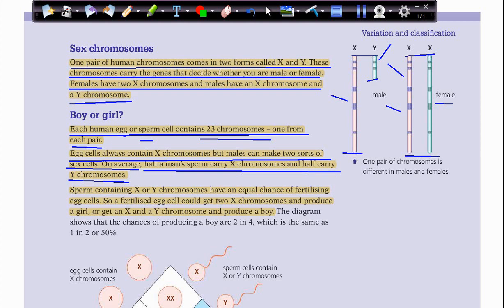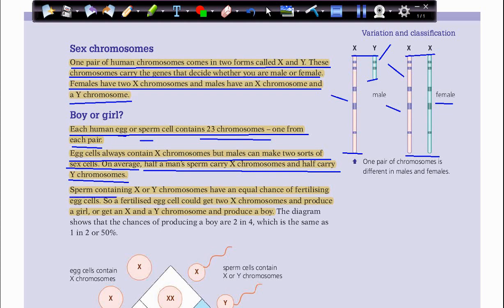So we said the egg cell always contains an X chromosome, but half of the sperm carry X and half of the sperm carry Y chromosomes.